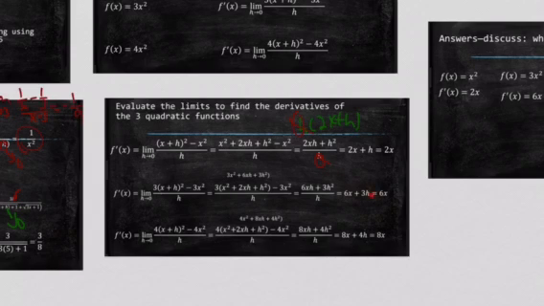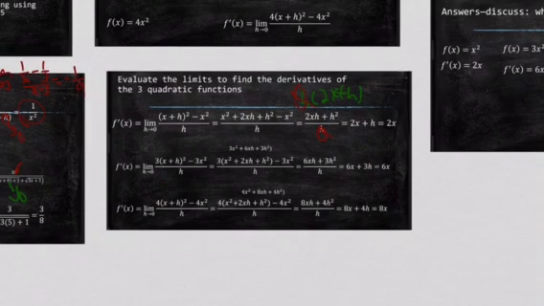So then this cancels to 6x plus 3h, which is just going to be 6x. And then same thing here, except there's a 4 out front. So we distribute our 4, get 4x squared plus 8xh plus 4h squared. Okay, 4x squareds cancel. One of the h's cancels, so then we get 8x plus 4h. Okay, h goes to 0 again. We have 8x.